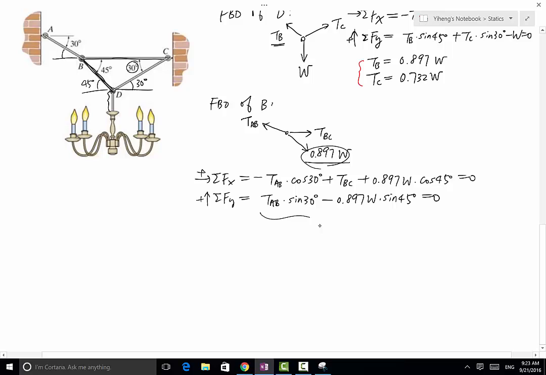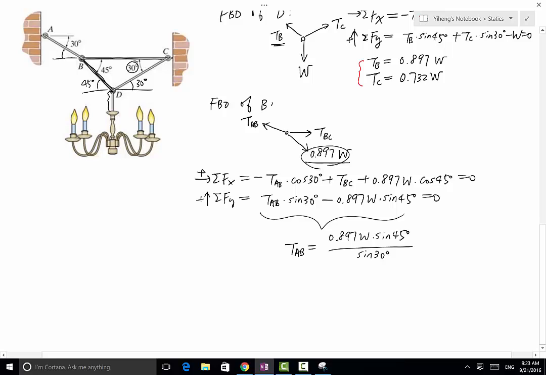From the second equation, I can already solve for TAB, which equals 0.897 W times sine 45 degree over sine 30 degree.